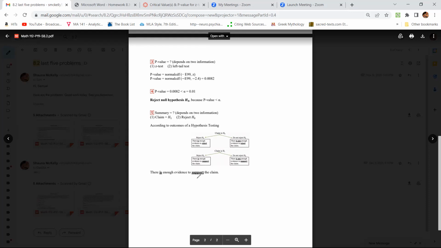That's how the p-values work. So that you and I can progress, I'm going to pause. The next video that you will see if you're watching this later is going to focus on 8.3.